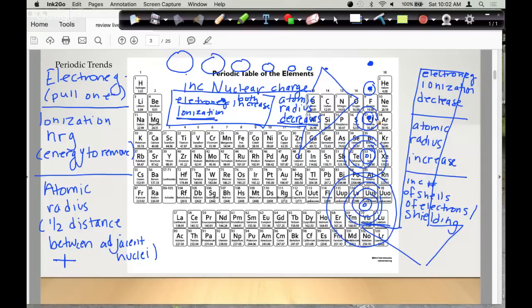And so they hold on to them less tightly, meaning that there's less pull, less energy required to remove them, and meaning that the valence electrons become further and further away from the nucleus, which gives the increase in the radius. So across a period, all of the trends happen because of increasing nuclear charge, more protons in the nucleus. Down a group, all of the trends happen because of increasing number of shells of electrons that increases the shielding effect.